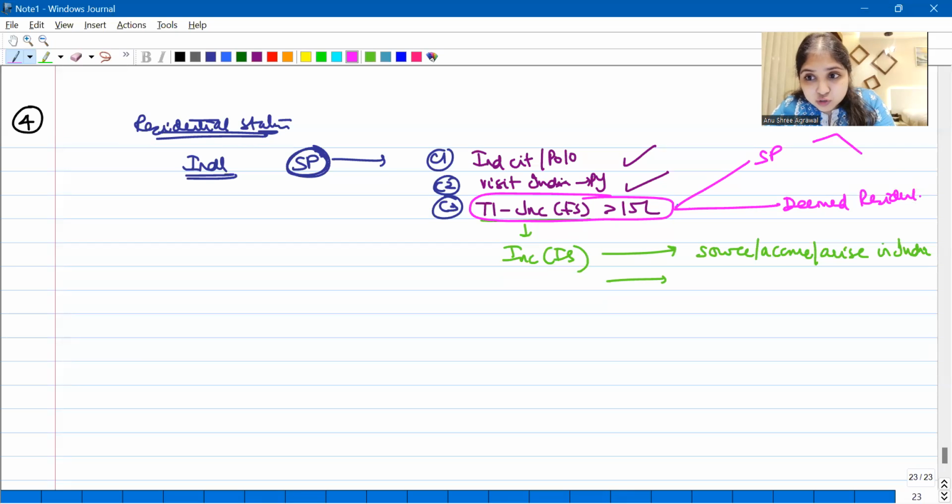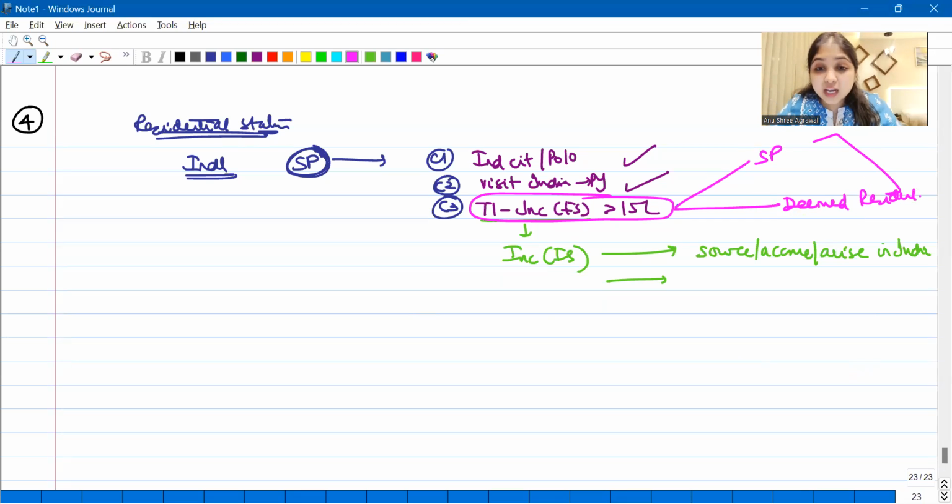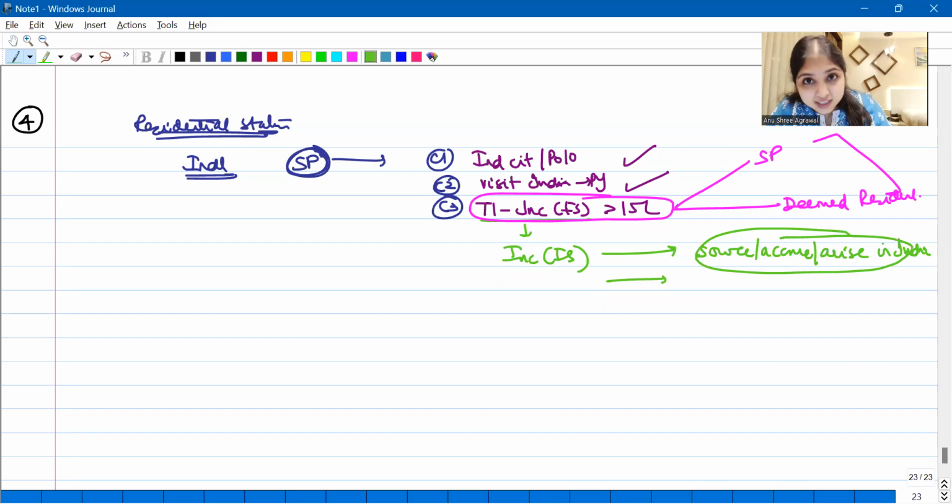So, for these 2 purposes only, income from Indian source will include one more thing. I am not saying income from Indian source will always include one more thing. Generally, income from Indian source is just this.